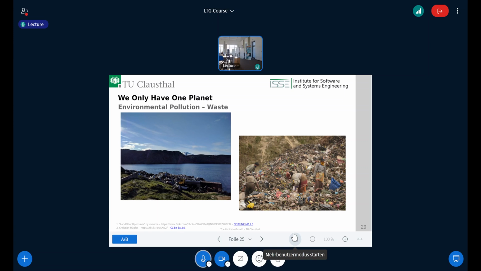The other picture on the right might also be familiar to you from news articles or documentaries.